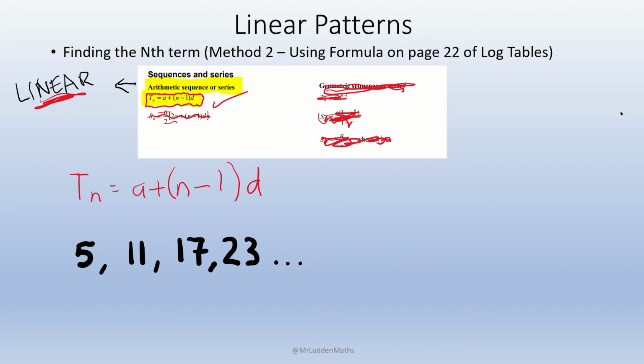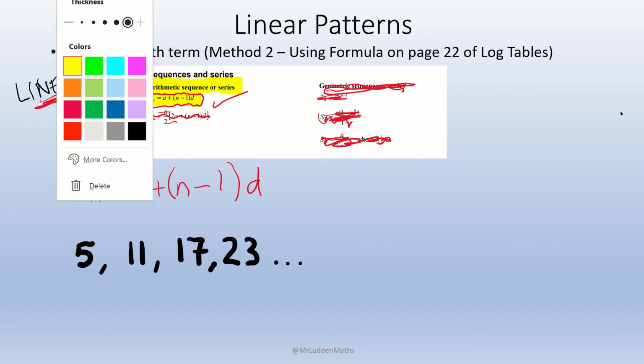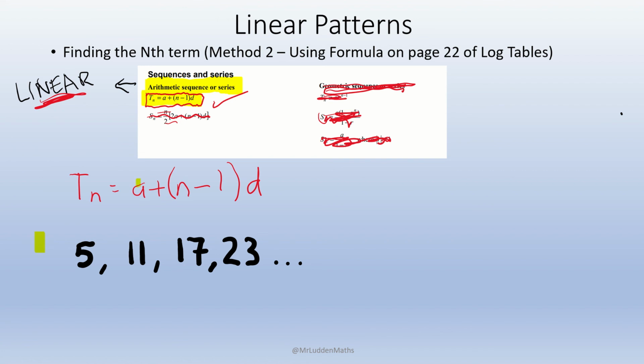Now, the biggest thing here is, if you are using this formula, you need to know 2 things. You need to know what a is, and you need to know what d is. Your a is your first term, and your d is your common difference.